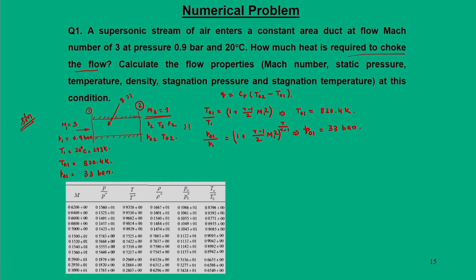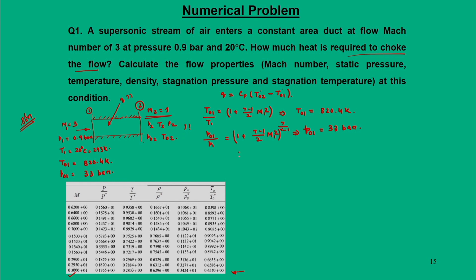So, what I am now going to see is that for an upstream Mach number of 3, by adding heat, if I want to choke the flow, then I should refer to the Mach number M as 3 in this particular column of Mach number. So, here we can see the 3 in the last row, we can get Mach number of 3.